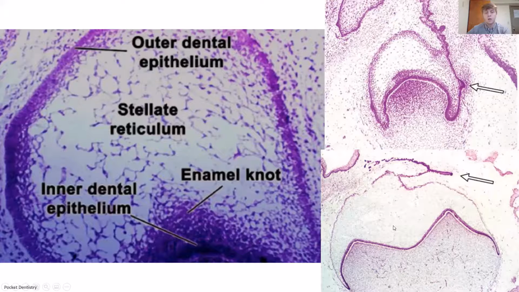Permanent molars, on the other hand, are known as accessional teeth because they do not have a deciduous tooth predecessor in the dental arch of your baby teeth. Instead, they form a posterior extension of the dental lamina from one of the other deciduous teeth, and this will form the permanent molar.